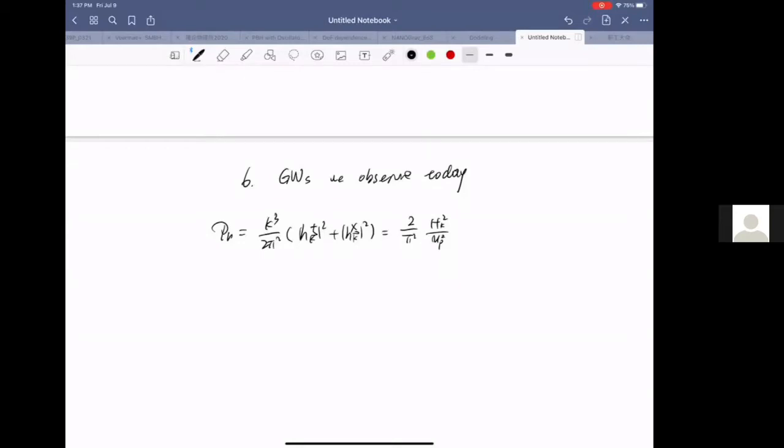So in this case, again, we have to use the so-called auxiliary field, which, as I said, is the canonical variable in quantizing the tensor perturbation. It's defined as v_k, remember.